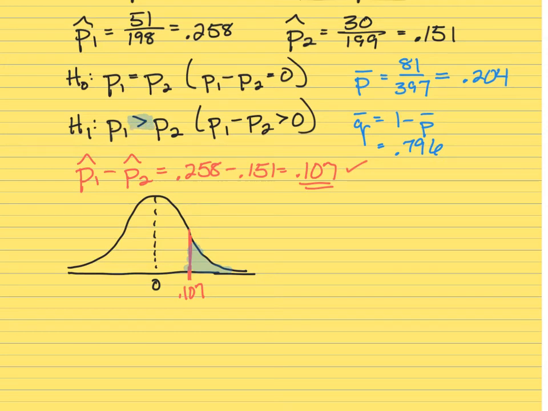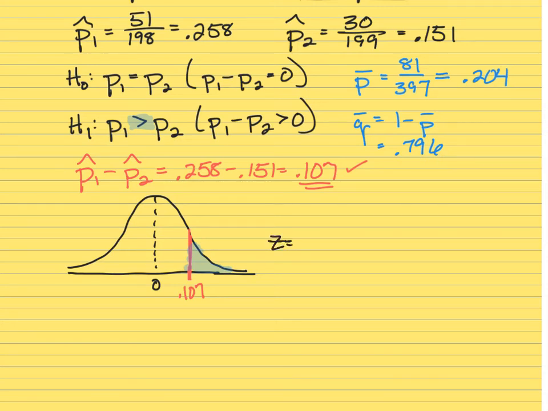We need the z-score. Now here we have a different thing. We have a formula for the z-score that maybe we haven't seen before, and so we want to keep track of this. You use this z-score when you're comparing two proportions. That's what you need to remember. Here it is. It's kind of ugly.